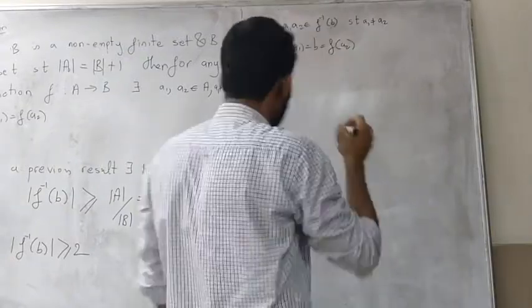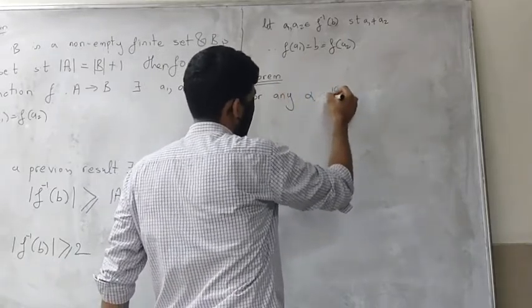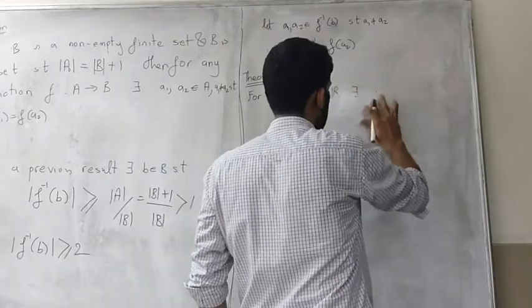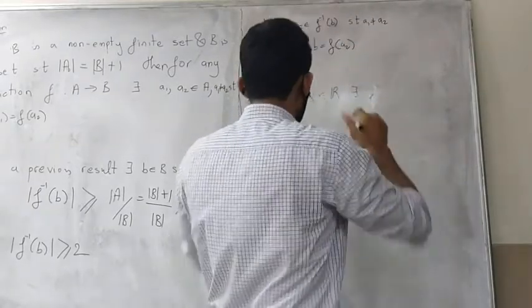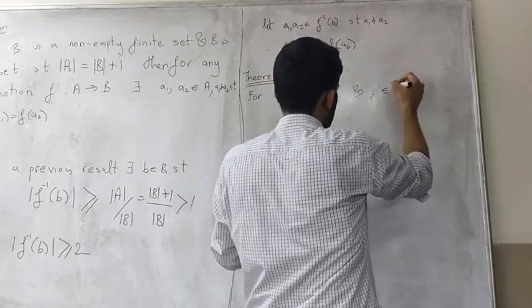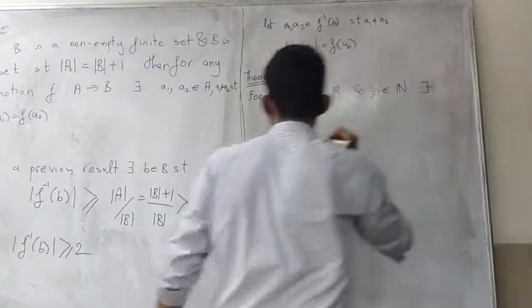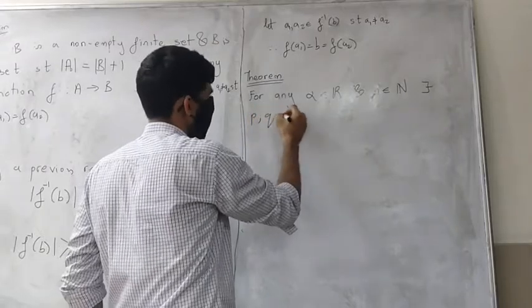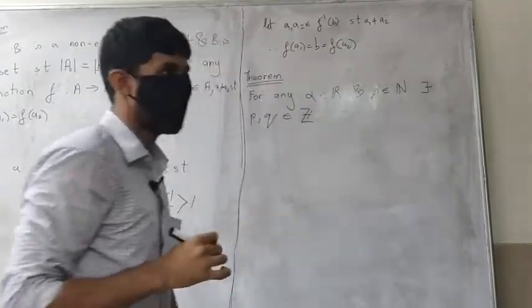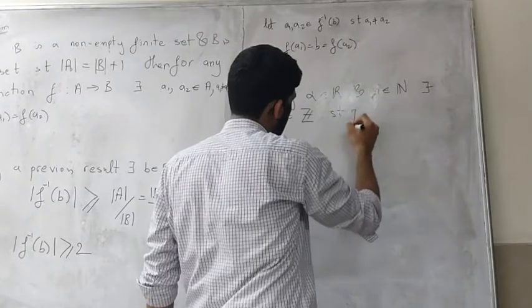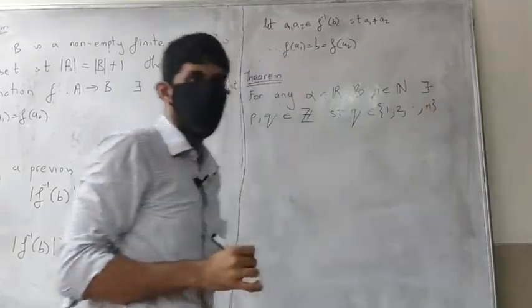So for any real alpha in R and n in N, there exist integers P and Q, such that the denominator I am going to allow to be only between 1 and n.